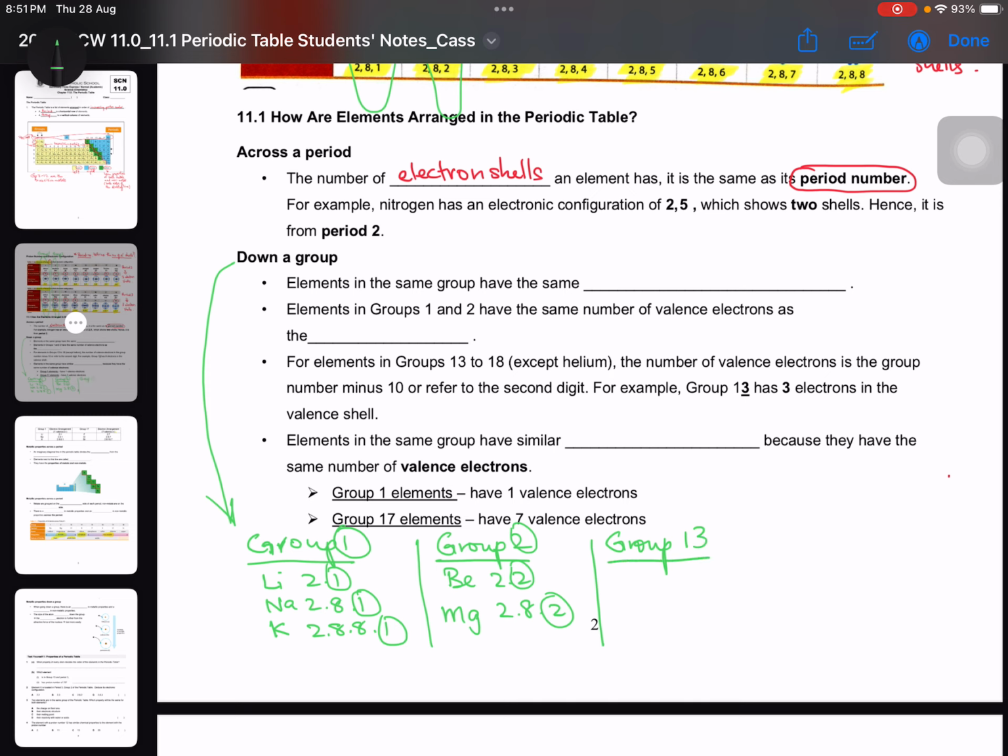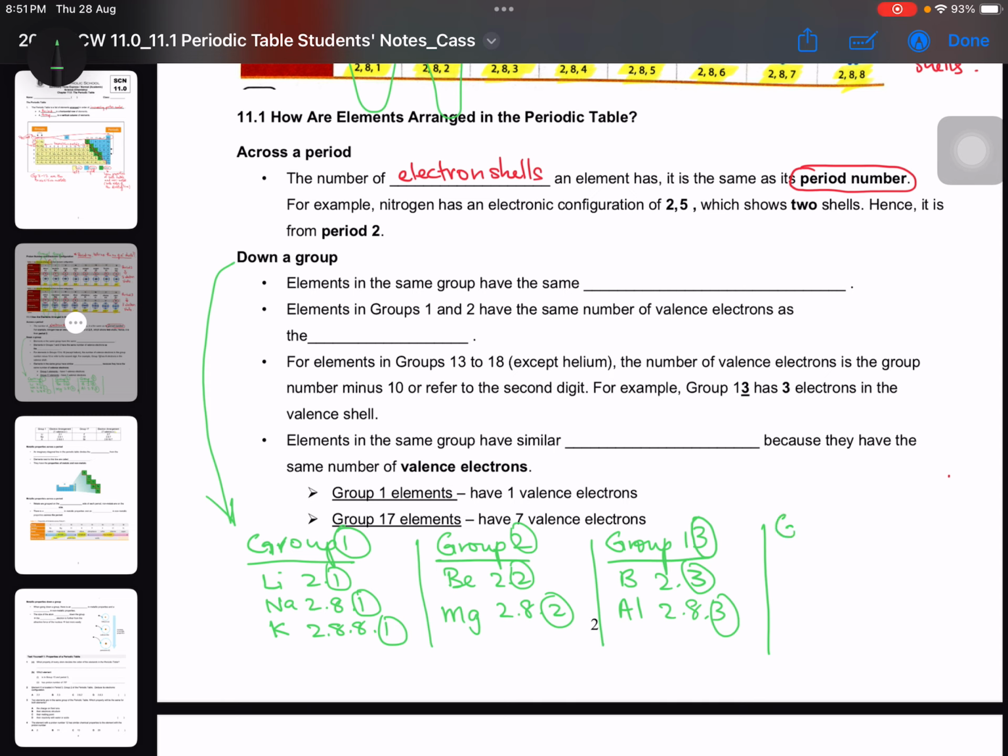You have boron 2.3 and aluminium 2.8.3. Now, the outermost shell is 3, and this will correlate to the second digit of the group number. It's not 13 electrons, but it's 3 electrons, so the second digit.